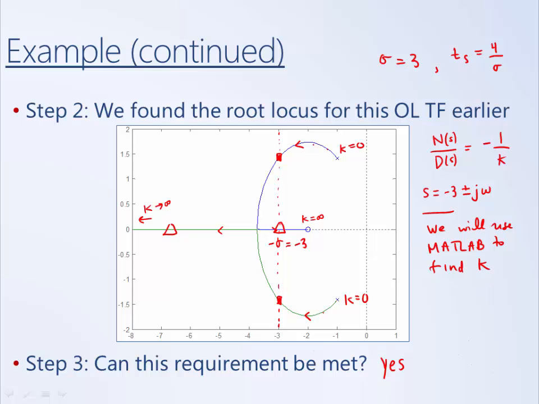So again, we may not have a settling time of exactly 4/3, but it will likely be close to 4/3 because this is the dominant pole. So this is another example of how using the root locus can be helpful for controller design.